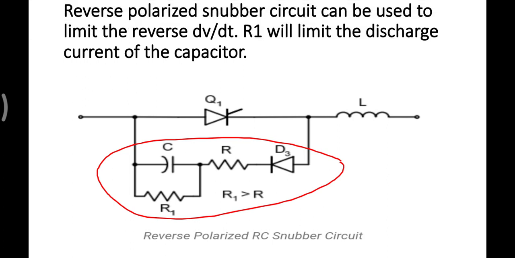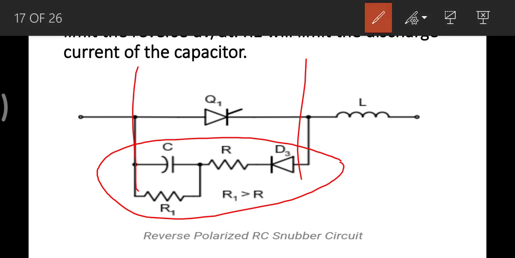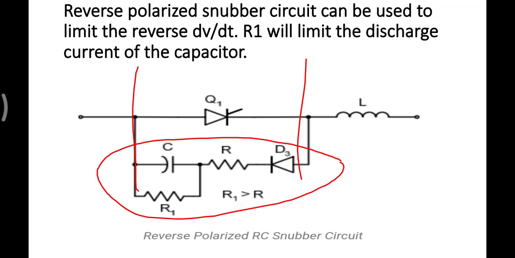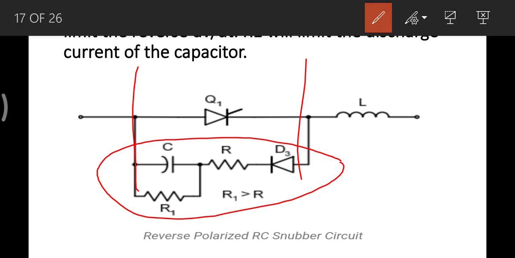At the same time, here we are using two resistors, R and R1, and a capacitor is also present in the circuit, and this entire snubber circuit is connected across the switch. That means here we are using the transistor Q1. So what is the purpose of R1? Here R1 limits the discharging current of the capacitor. Okay? And this entire circuit is used for protection against the rate of rise of voltage.